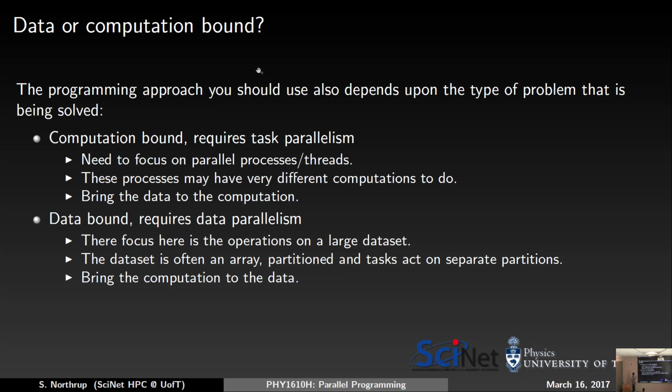Now, data bound requires data parallelism. Here the operation is on a large data set, and you want to partition it in a way that you can access it and keep it local, right? The data set is often an array, partitioned into separate partitions for tasks. And in this case, you want to bring the computation to the data.